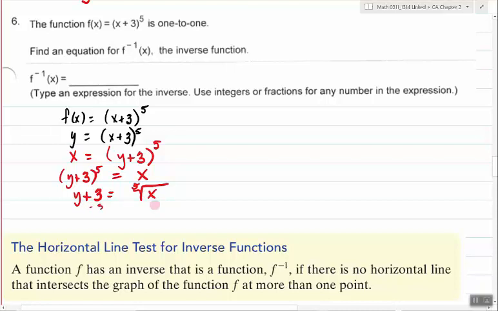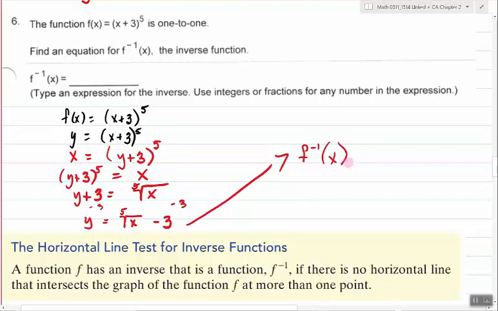Now I need to subtract 3. It's not under the radical. And I get y is equal to the 5th root of x outside that radical minus 3. F inverse of x is the 5th root of x minus 3.